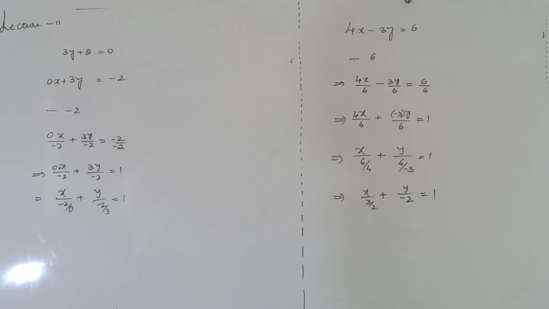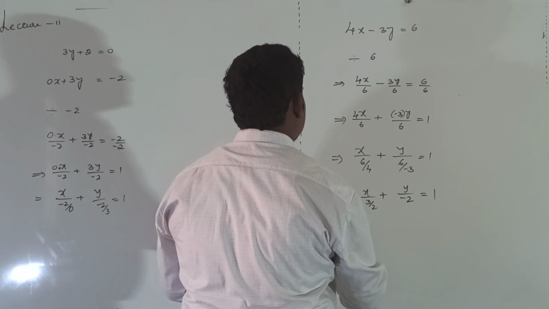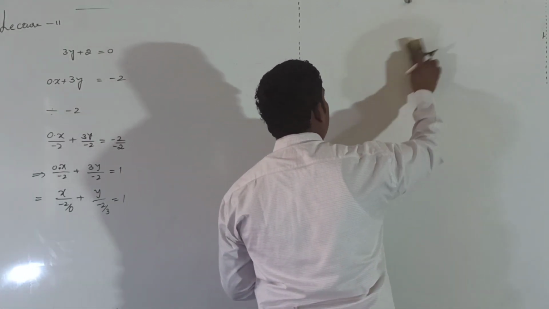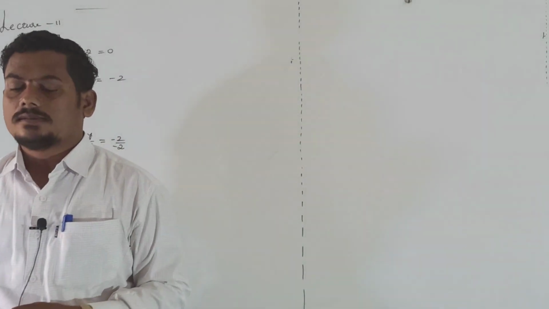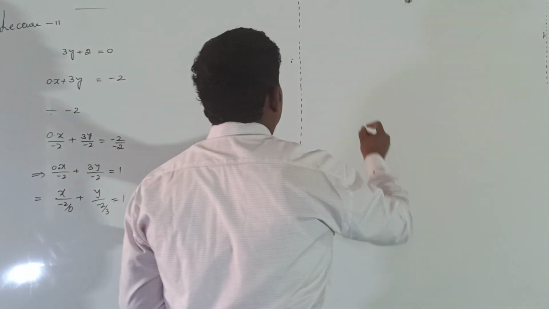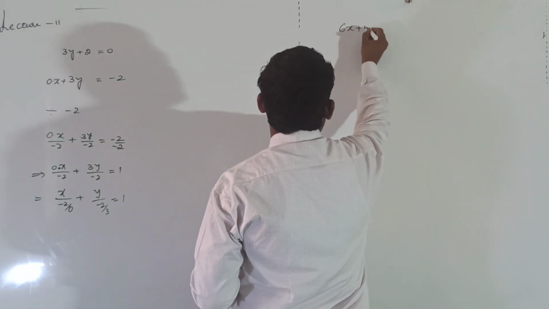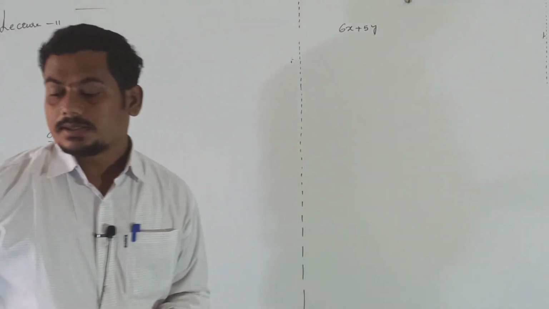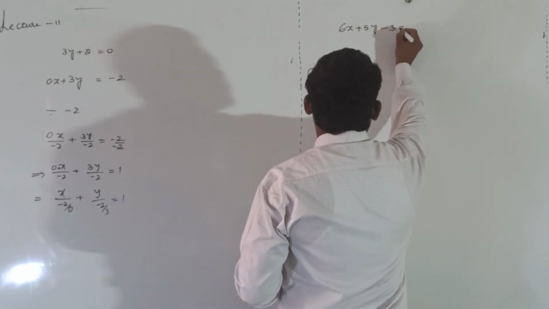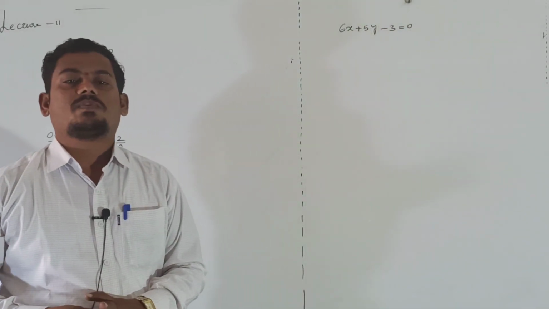Next, reduce the equation 6x + 5y - 3 = 0 into intercept form.